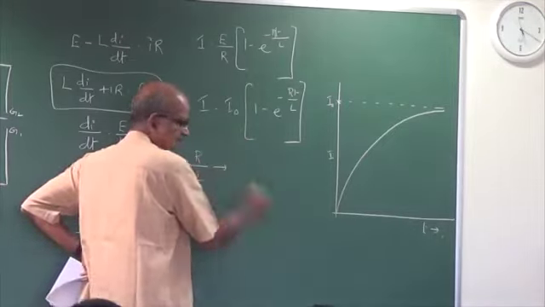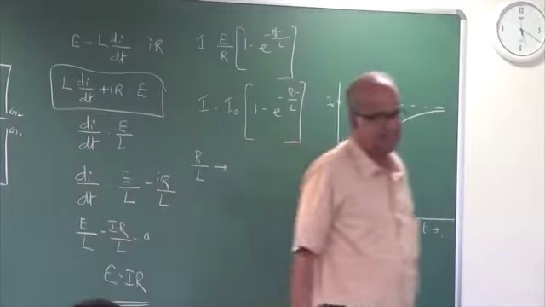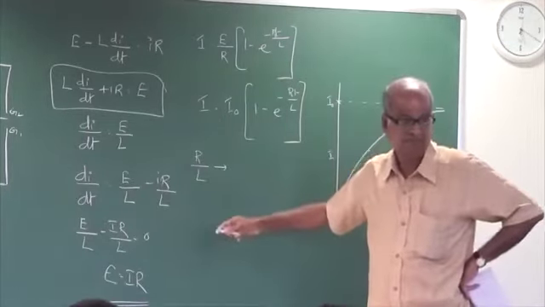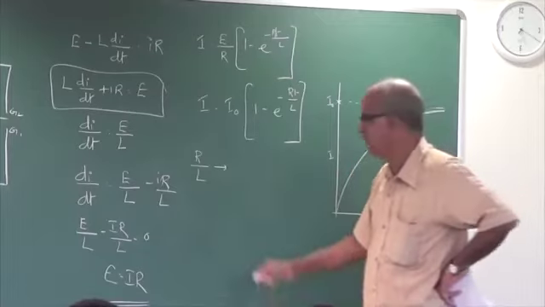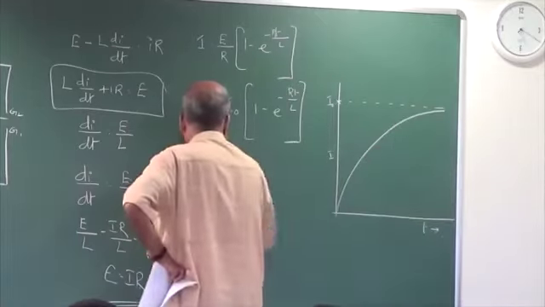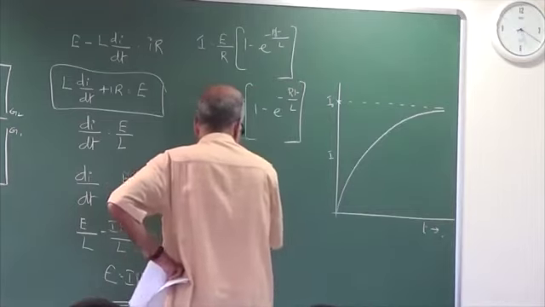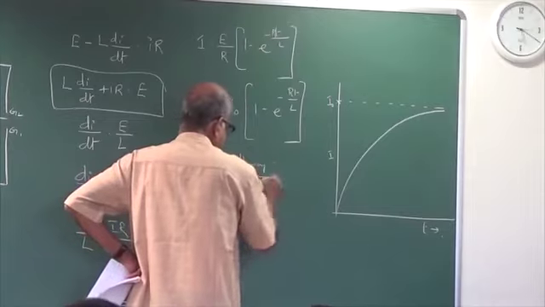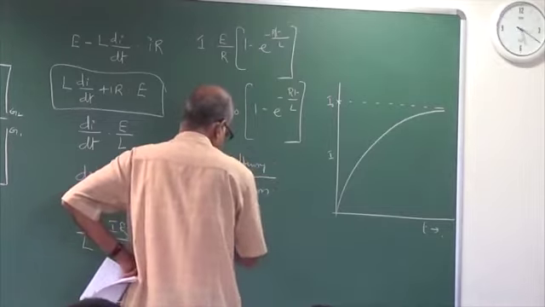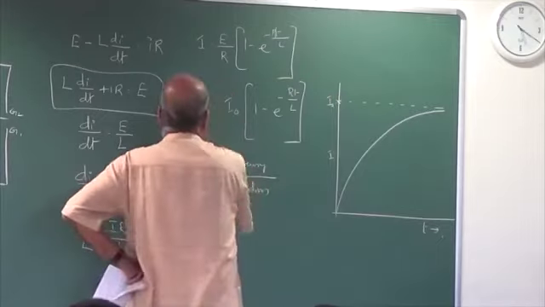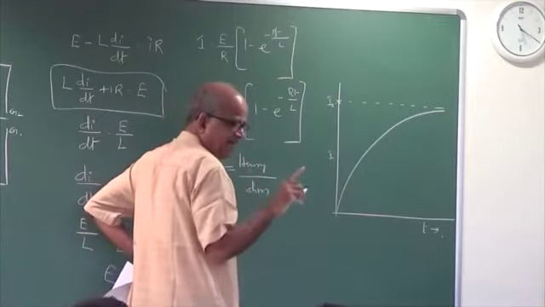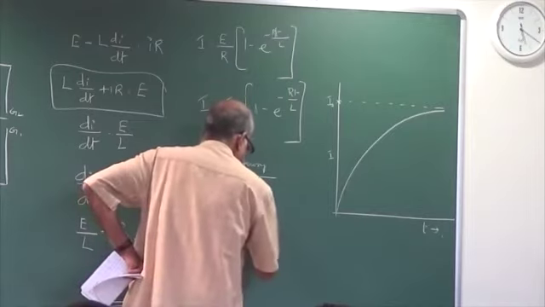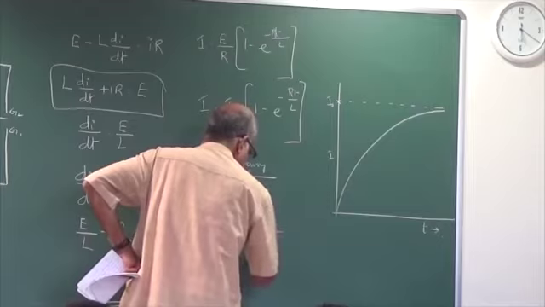What is the dimension of L by R? L is in Henry. R is in ohm. V is equal to L dI by dt. So Henry is volt second by ampere. You follow?